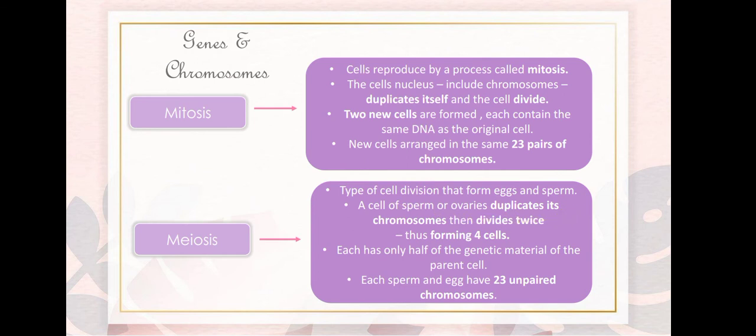A cell of sperm or ovaries duplicates its chromosomes, then divides twice, thus forming 4 cells. Each has only half of the genetic material of the parent cell. Each sperm and egg has 23 unpaired chromosomes.